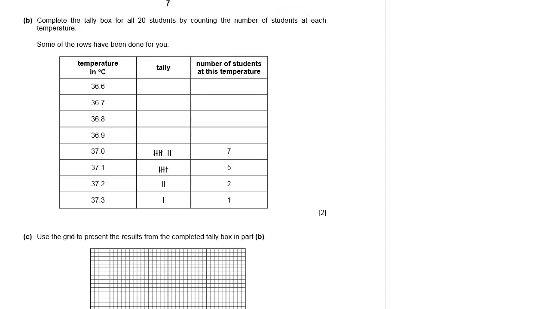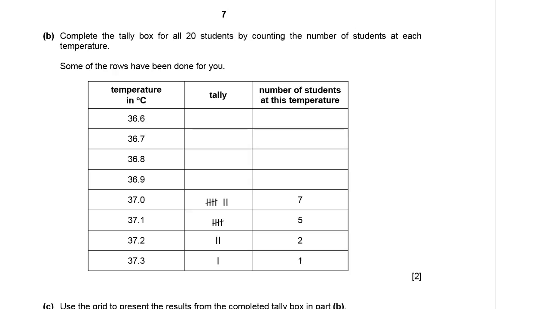Continue to part B of number 6. Complete the tally box for all 20 students by counting the number of students at each temperature. Some of the rows will be done for you. You see the tally there. You are doing the tally, and therefore tally the number of students at each temperature.